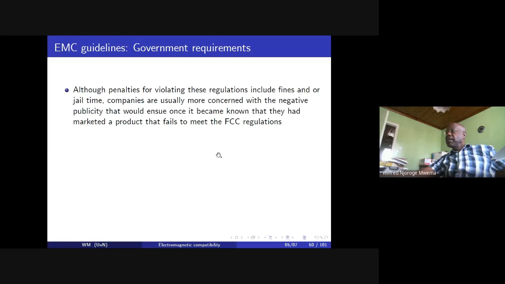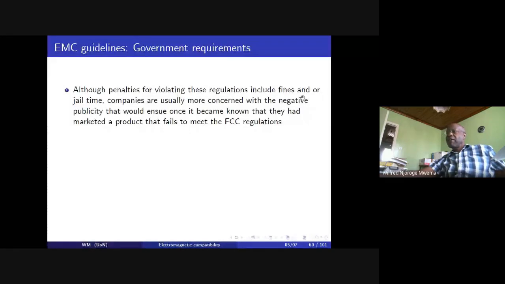If you are going to make a circuit or a system and sell it to the Kenyan public, say things like digital speed governors for matatus, and it is discovered that your product does not meet the standards, of course you'll have to remove it from the market. Then we'll have to work hard to show people that this new product is now better than the one you had before, and that those issues have been taken care of.